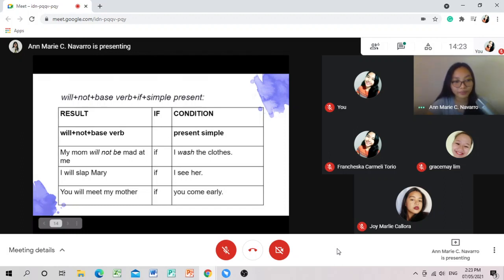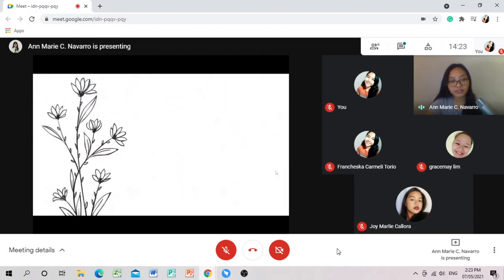So, the trick for the structure is that it has the word not. If you notice that, and so now for the last structure, it is the interrogative structure.